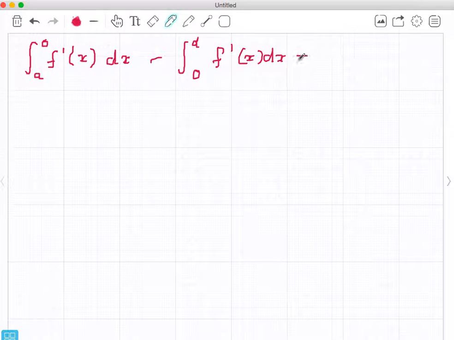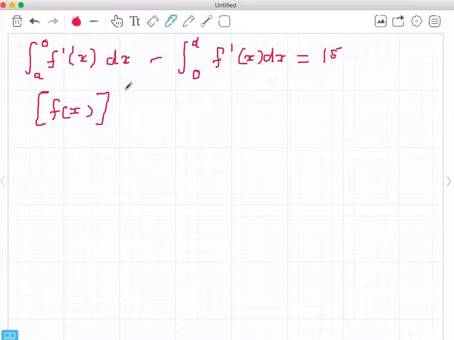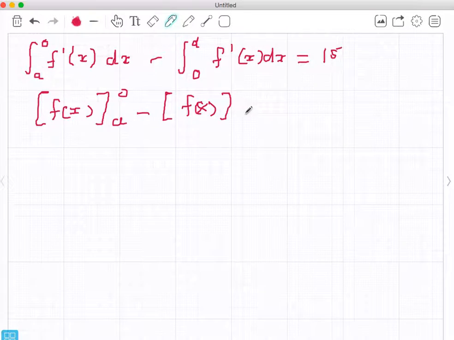And it tells me in the question that's 15. So if I go through this, it's going to give me f(x) with the limits 0 and A, take away f(x). Remember, this is worth 8 marks. It's worth doing a lot of working out for this. And the limits are D and 0 equals 15.